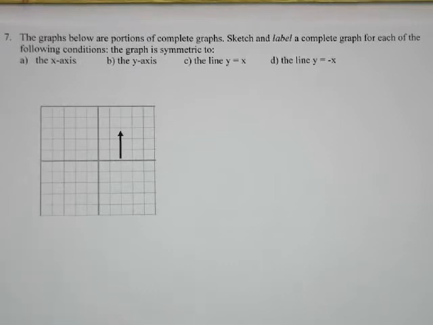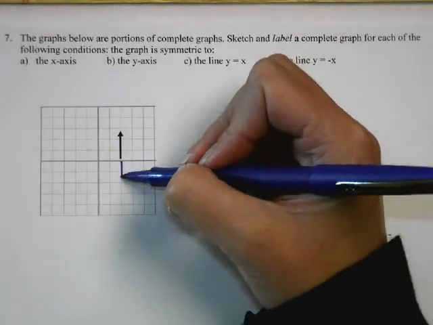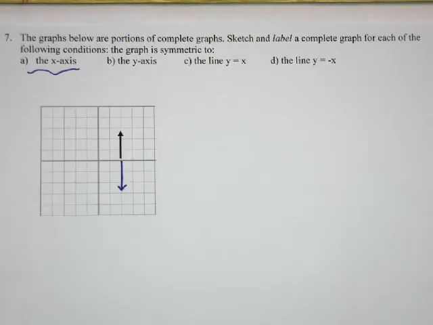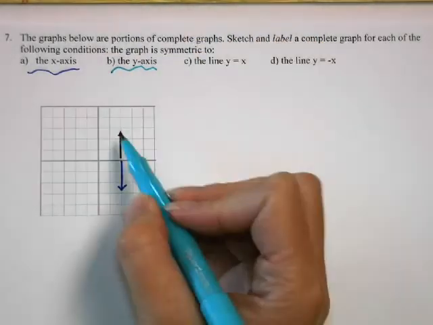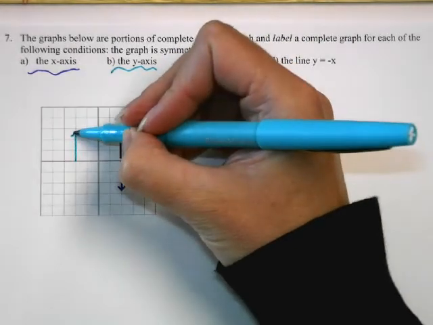Okay, now we're going to take this little graph, this arrow, and we're going to graph it again with the same symmetry. So if it's symmetric to the x-axis, we're going to have an arrow going down. If we're symmetric to the y-axis, this guy gets reflected over here.